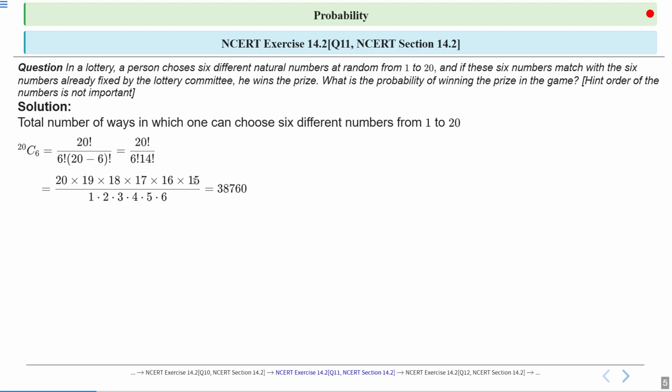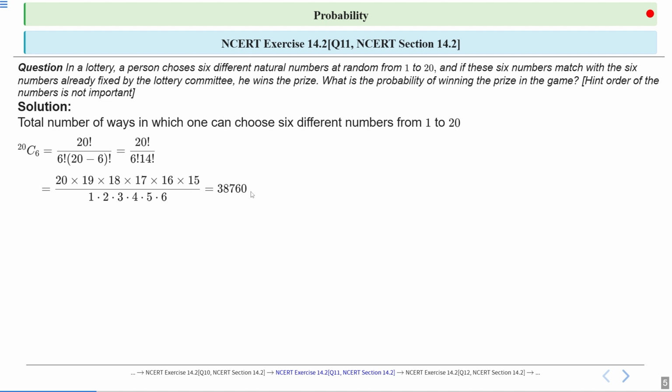And you can write 6 factorial as 1 into 2 into 3 into 4 into 5 into 6. Now you can easily calculate by cancelling the terms. If we calculate it, we get 38,760.